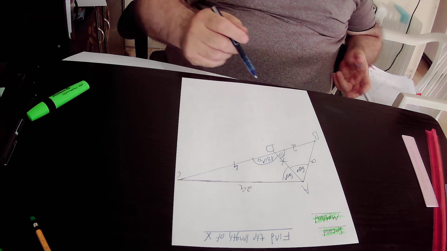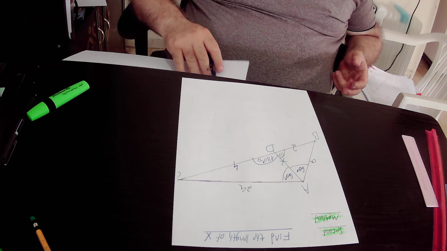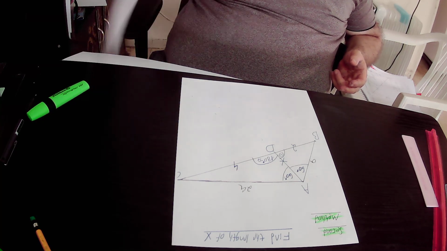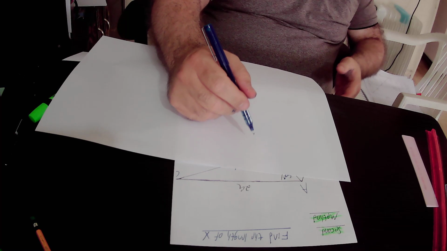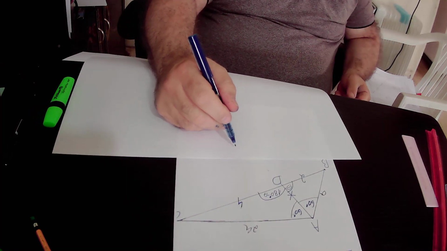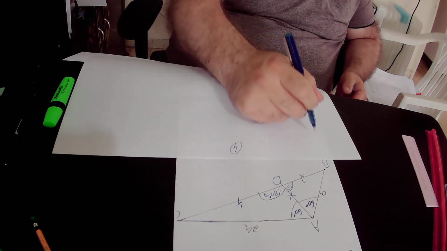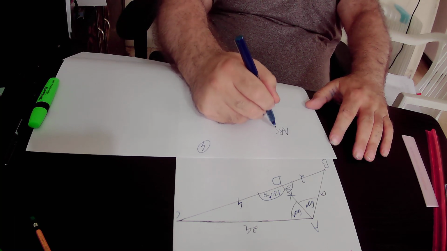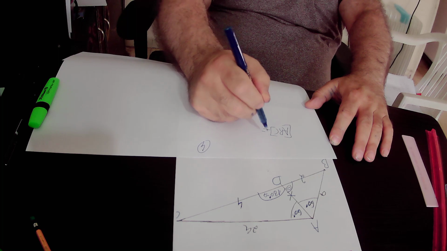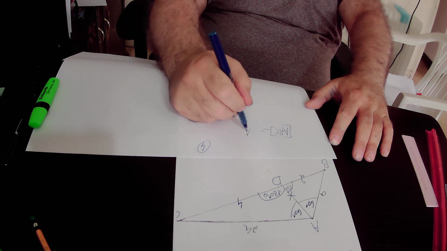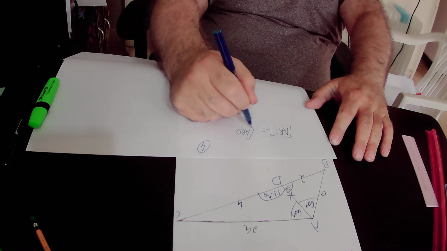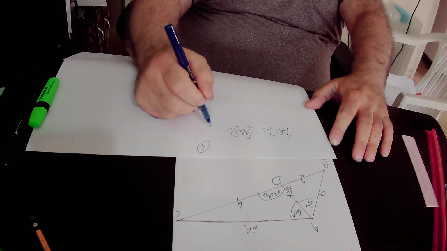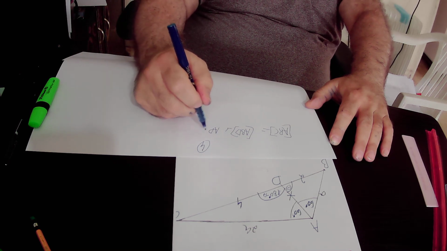It's very easy to see it from the drawing. So we can write down that the area of triangle ABC equals the area of triangle ABD plus the area of triangle ADC.